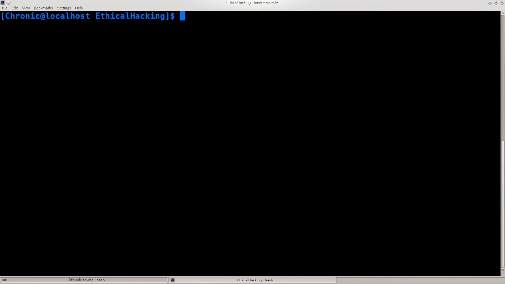Anyway, as I was saying, what I mean by a functional wireless network card is that it is recognized by your operating system. If you are using a Linux distro like I am, you need to make sure that the kernel of this Linux distro actually has the necessary drivers for the wireless card that you are using.